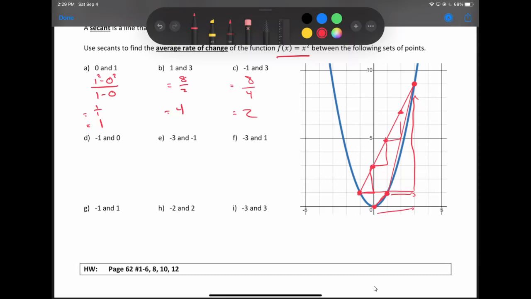Between negative 1 and 0, the straight line looks like it goes down 1. Between negative 3 and negative 1, yeah, I need to use the ruler for those.